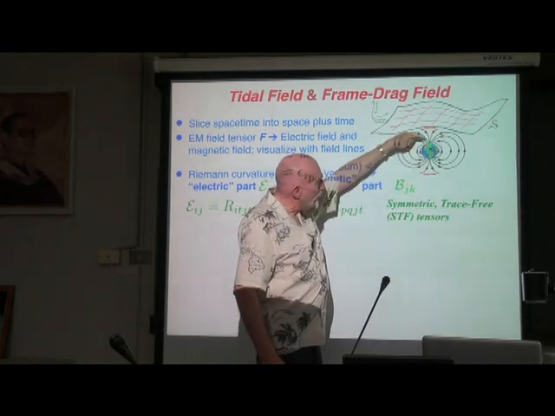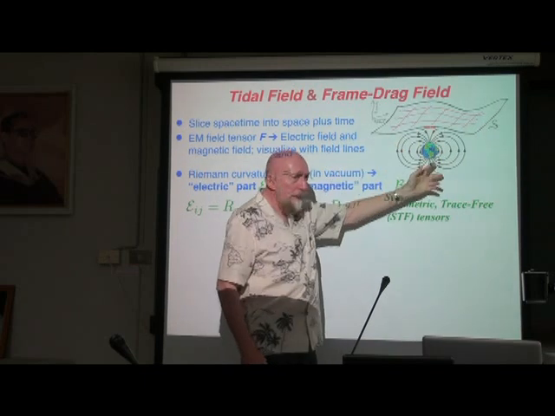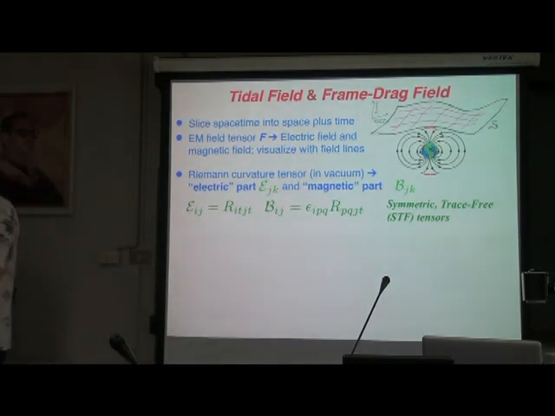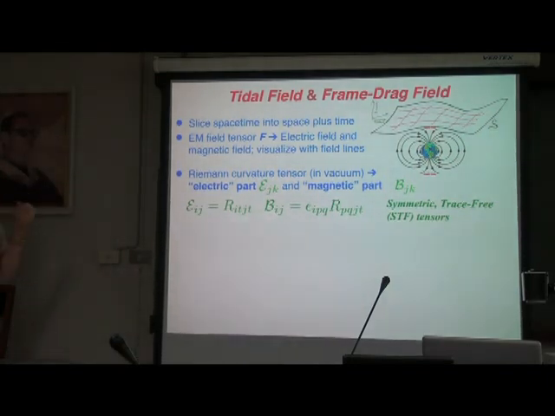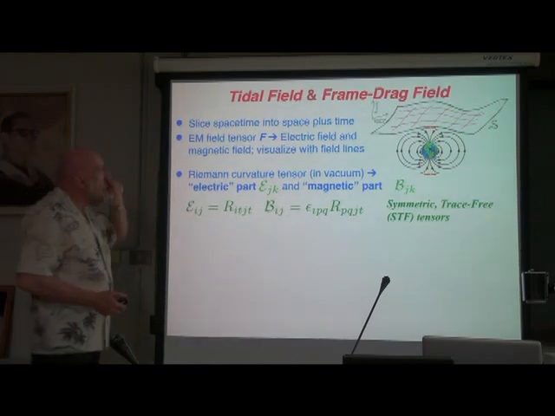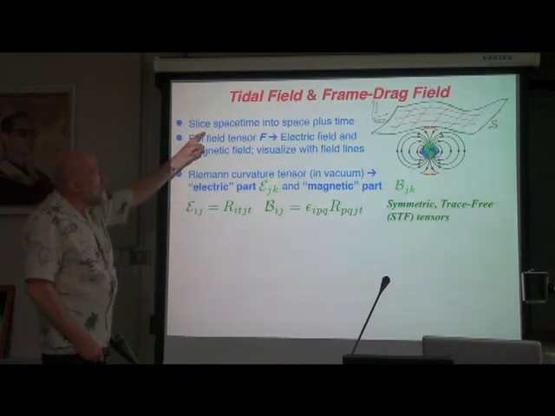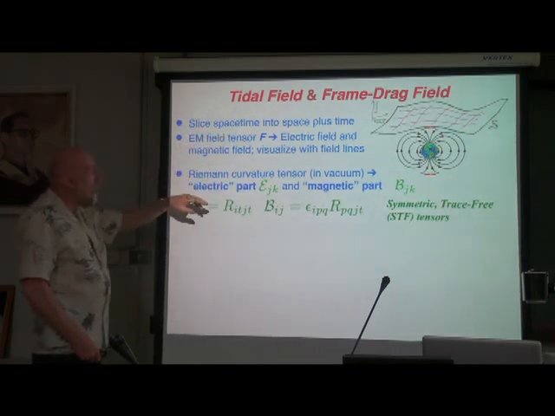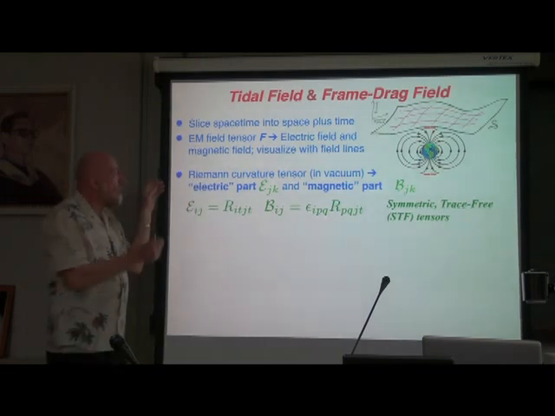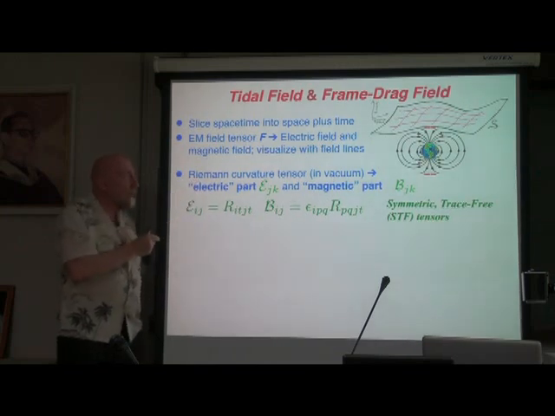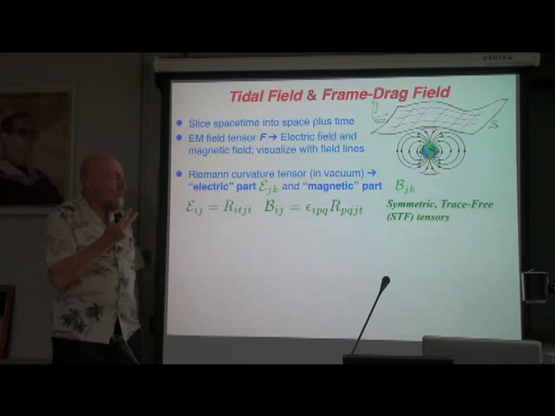For example, the dipole magnetic field of the Earth is a concept that you have all seen used in powerful ways. Well, similarly, in general relativity, when we slice space-time into space plus time, the central mathematical object, which is called the Riemann curvature tensor, breaks into 2 parts.